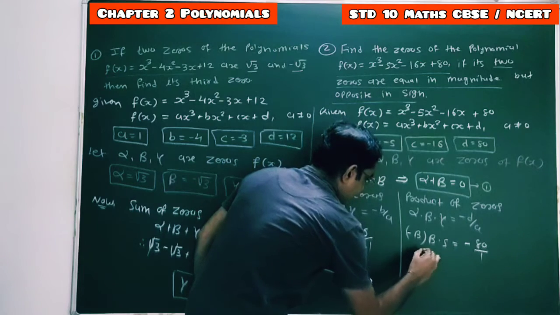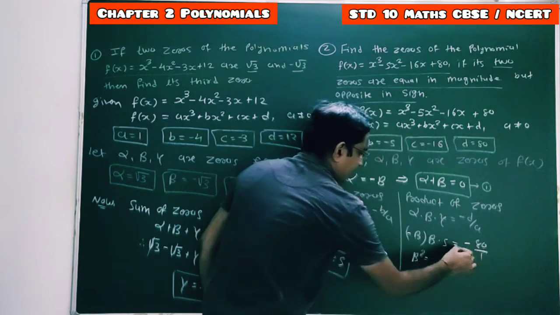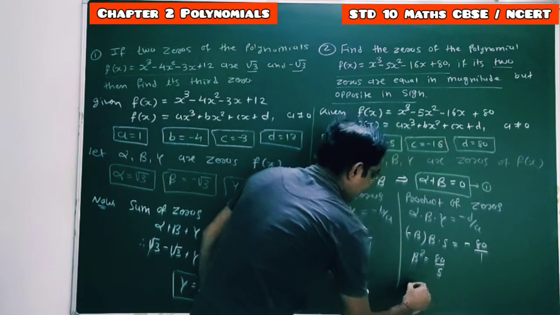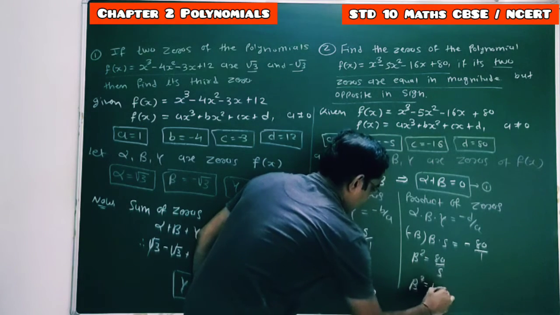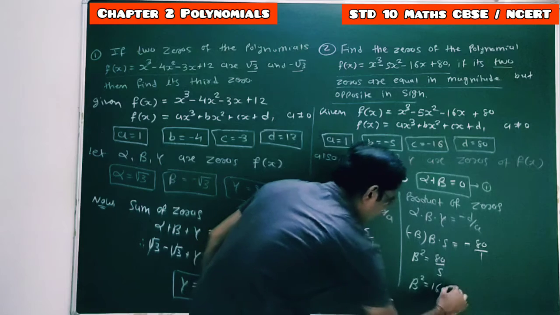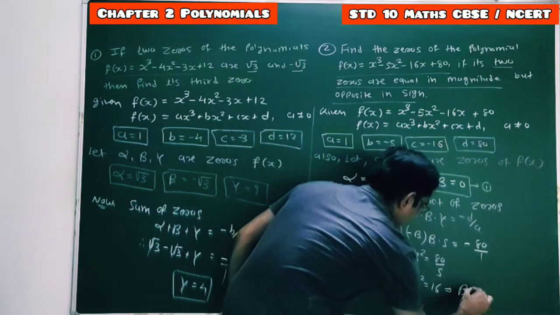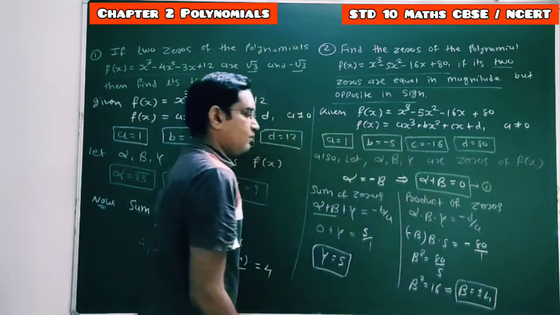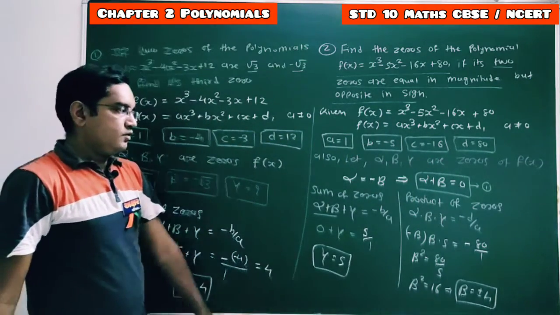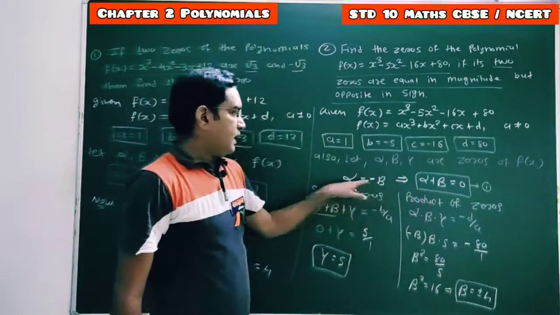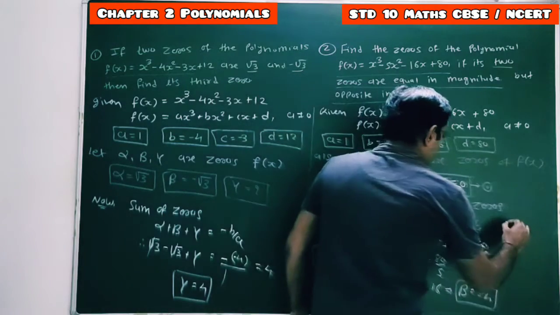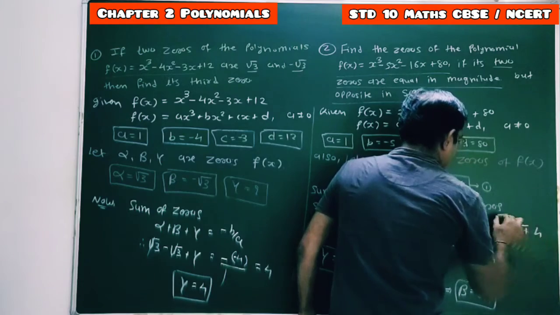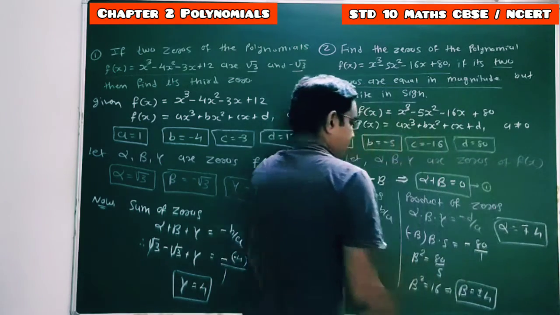So it's beta square equal to, taking this 5 into the denominator, 80 by 5. So beta square equal to 16, and hence we can say beta is plus or minus 4. Two values of beta are there. So if beta is plus 4, alpha is minus 4. So 3 zeros are there.